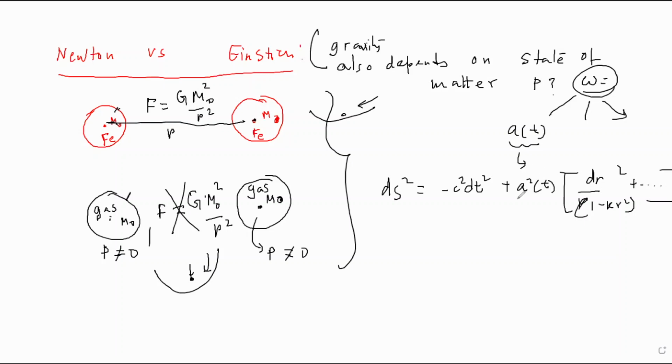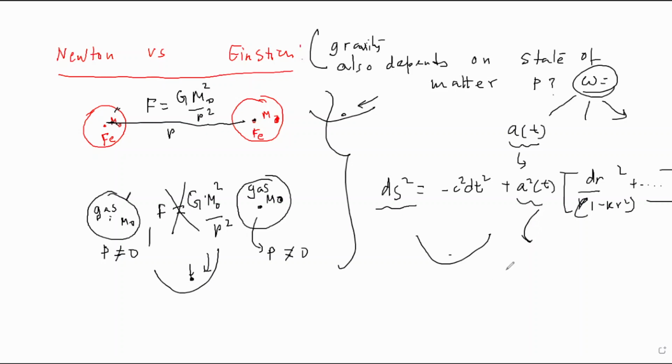So if a(t) value varies differently, that means the geometry, the distance varies differently. And geometry varies differently means the curvature, the curved space varies differently. How much is the curvature? That's the reason. So know that in the FRW metric, Friedmann, Robertson, Walker metric of cosmology, a(t) basically determines the curvature.